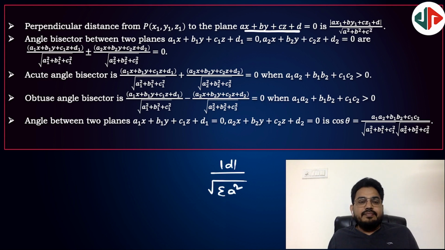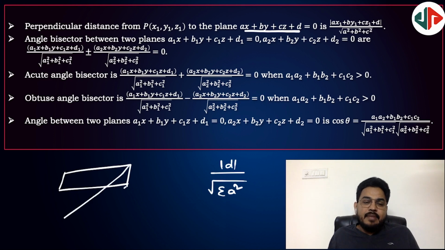Okay. Angle bisector of the plane. If this is a plane and you have another plane like this, so you have two planes, and the angle bisector of these. So the angular bisector of the planes means maybe this plane will be like this.